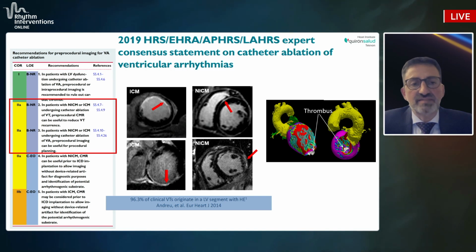This is due to the fact that more than 95% of clinical ventricular tachycardias originate in a left ventricular segment where we can find hyperenhancement.